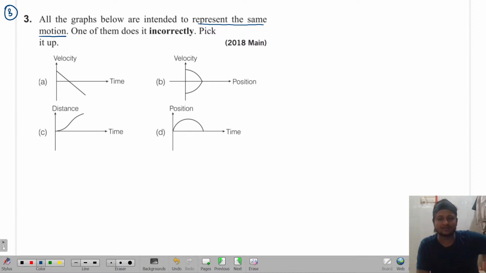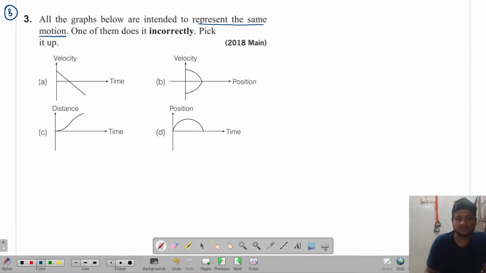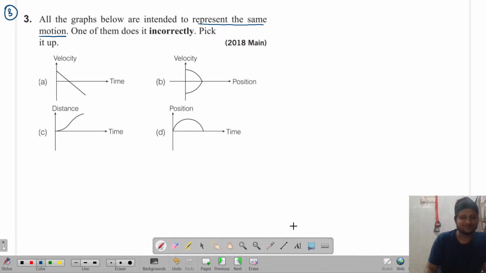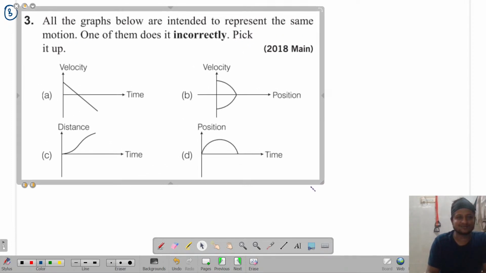Next. Do it fast. Option C. Many guys are saying option C. I think option D is correct. I do not know whether I am correct or not.